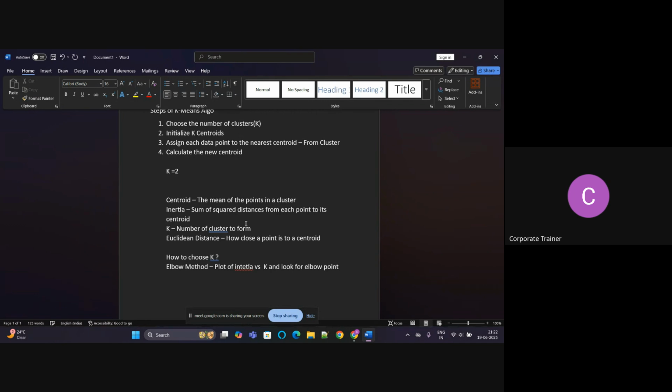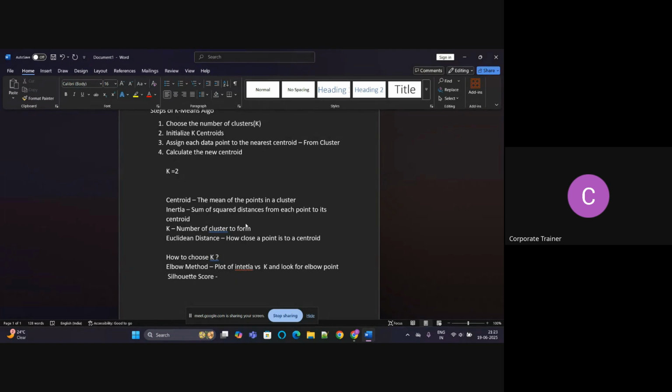One more thing you have to know whenever you are choosing the K value is the Silhouette score. So what is it? It measures how well the points fit in their cluster.